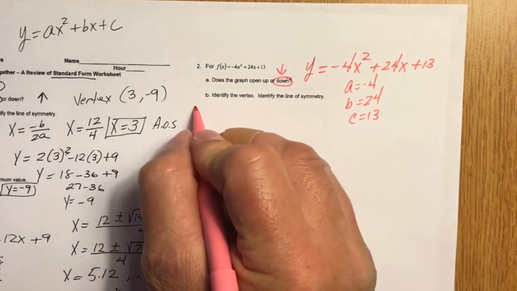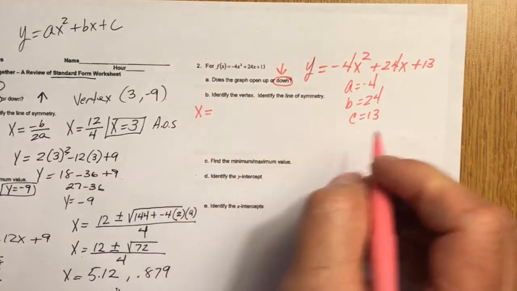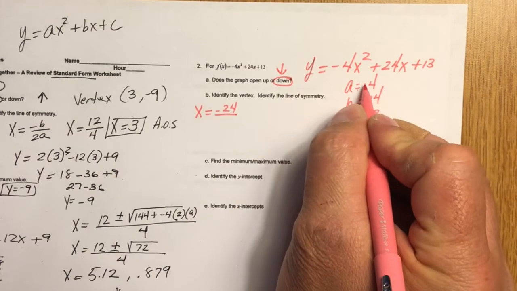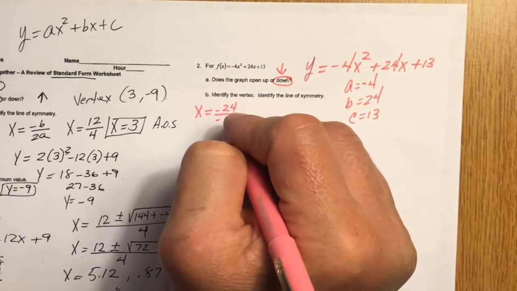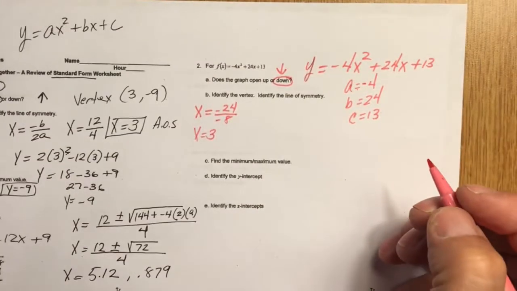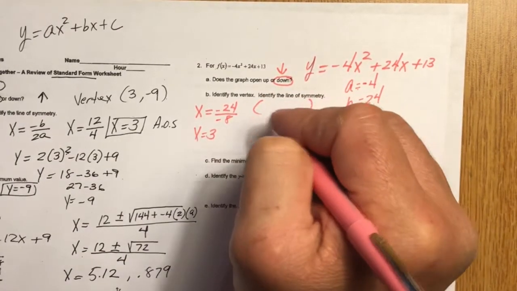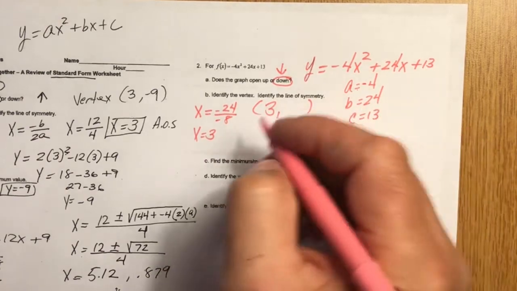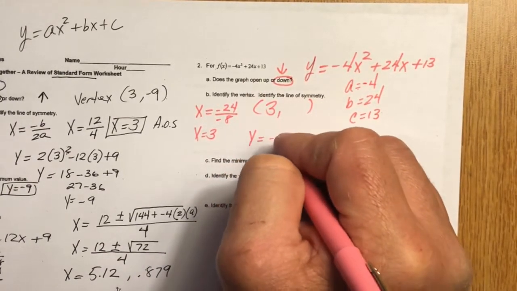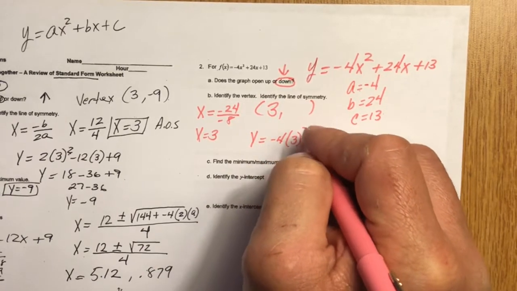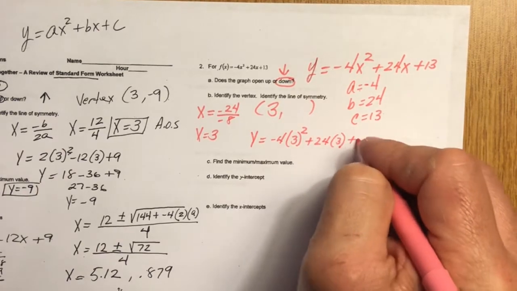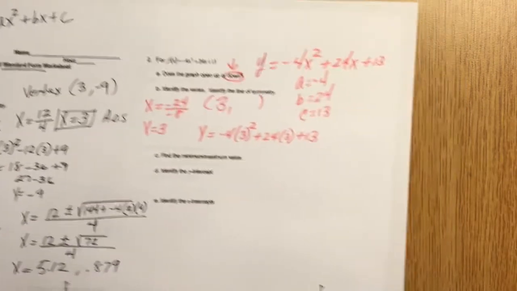Identify the vertex. So x equals the opposite of B over 2 times A. So x is equal to 3. So far my vertex is 3 comma something. I'm going to take that 3 and plug it back in. So y equals -4 times 3 squared plus 24 times 3 plus 13.